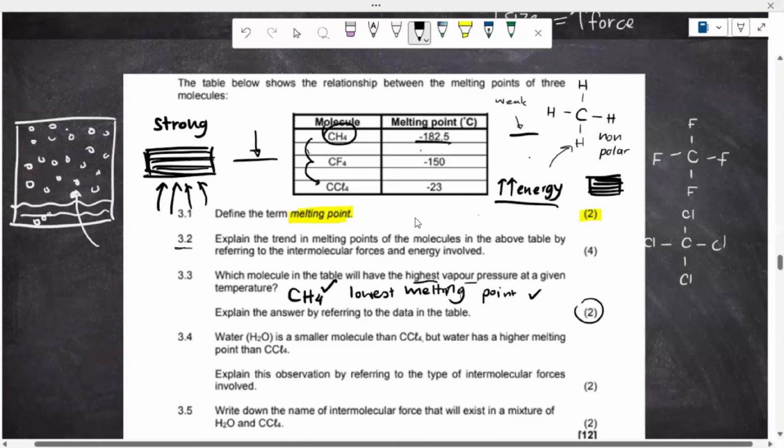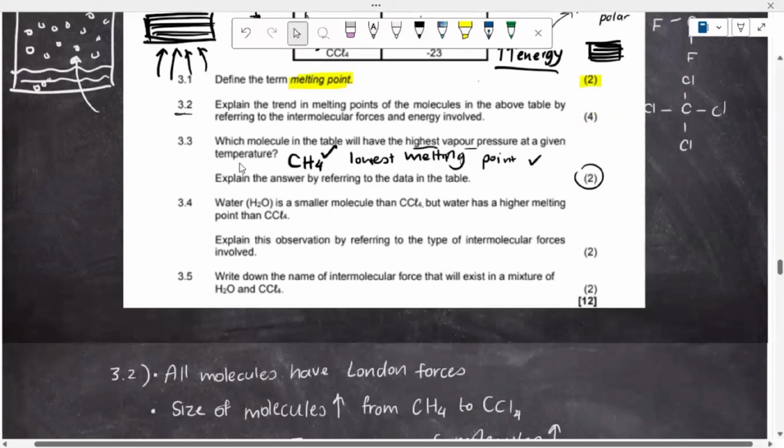Okay. Then 3.4 tells us, water, H2O, is a smaller molecule than CCl4, but water has a higher melting point than CCl4. Explain this observation by referring to the type of intermolecular forces. So now I want you guys to tell me, why do you think water has a significantly higher melting point?